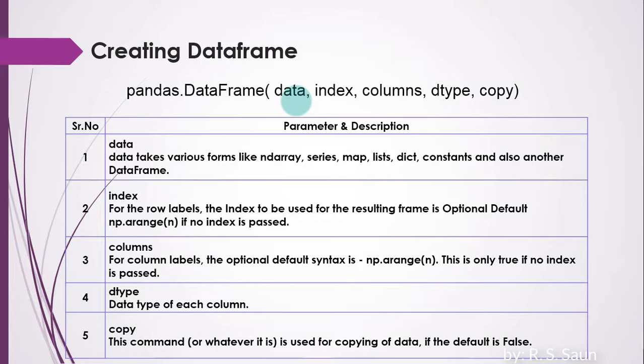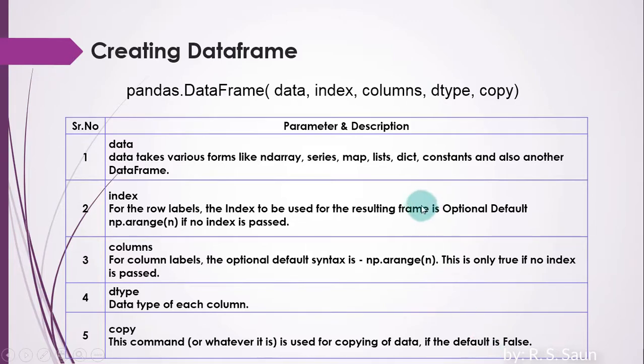Index is the labels for the rows, and columns are the labels for columns. By default their value is np.arange(n), you can see here. Dtype is the data type of the data frame, and copy is the command which is used to copy the data. Its default value is False.